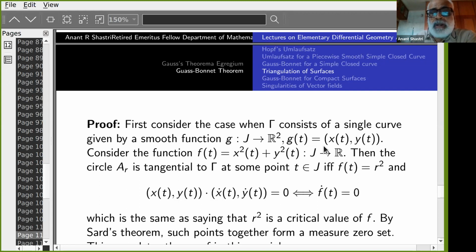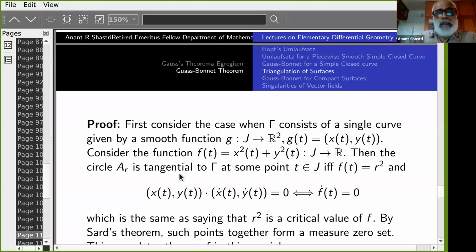The vector given by the point (x(t), y(t)), and that is perpendicular to the circle. So if this dot product is 0, then it's tangential, because this will now be tangential to the circle also. So the two tangents coincide. So that's all you have to see.